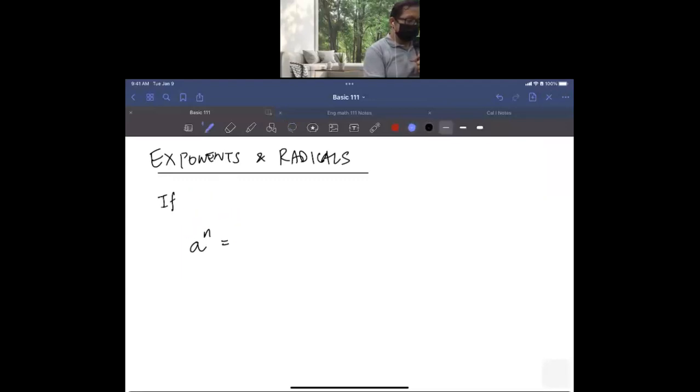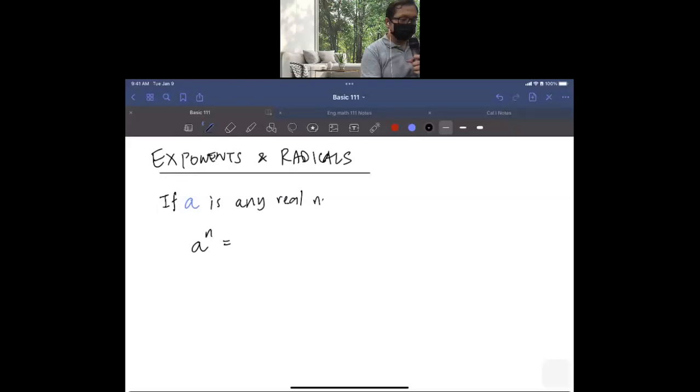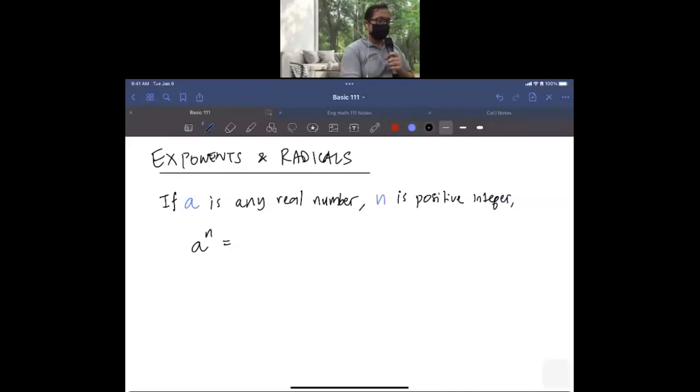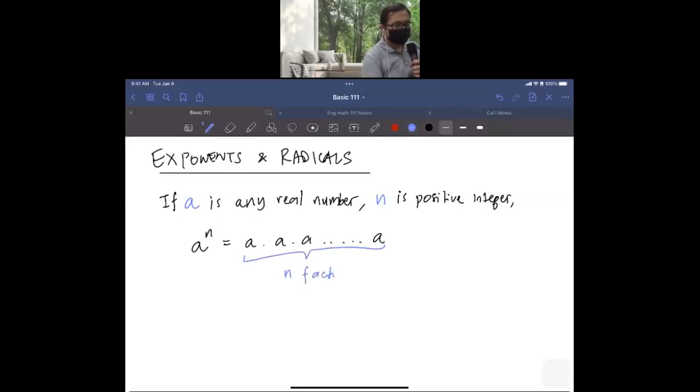If a is any real number and n is a positive integer, then if I write a with power of n, it means we are going to multiply a with a with a, with n factors.